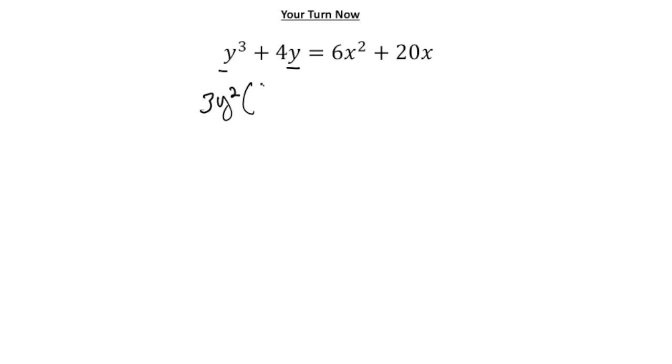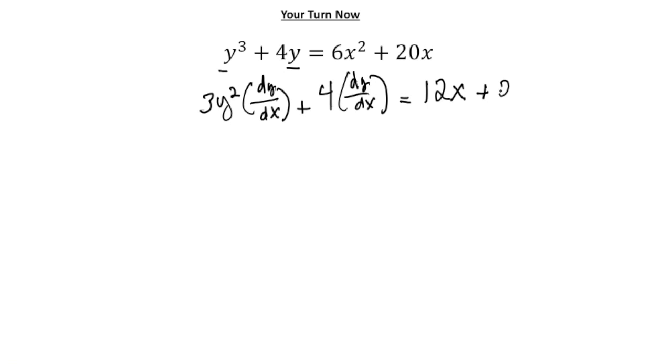Okay, so again, dy dx plus the derivative of 4y was 4, and then dy dx. All right, and that's going to equal the derivative of 6x squared is going to be 12x, and then the derivative of 20x is just 20.